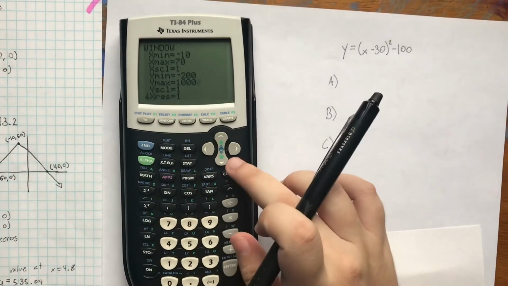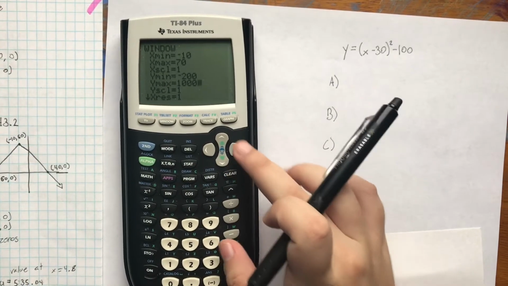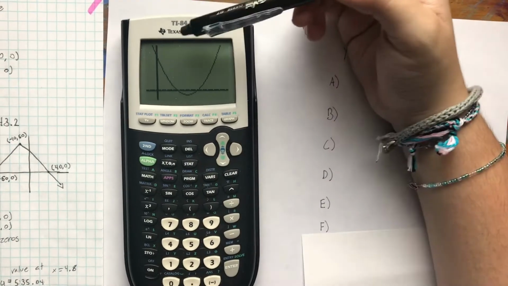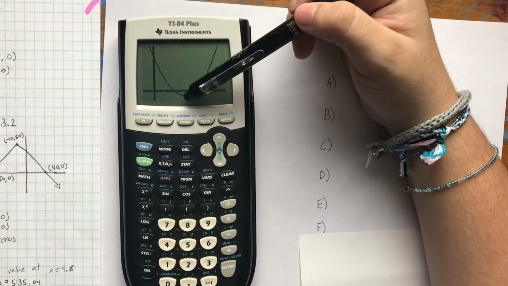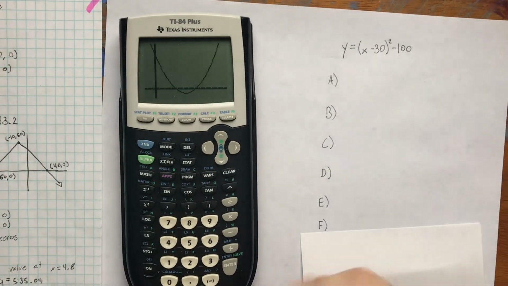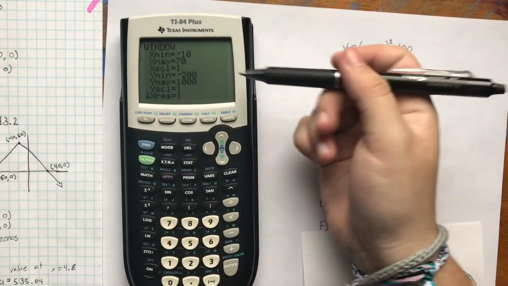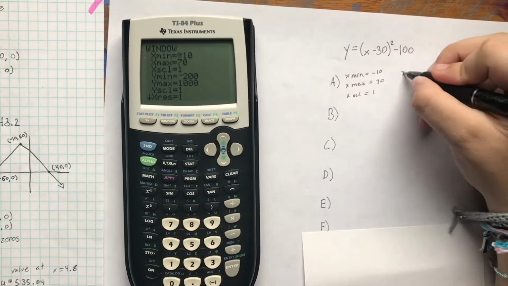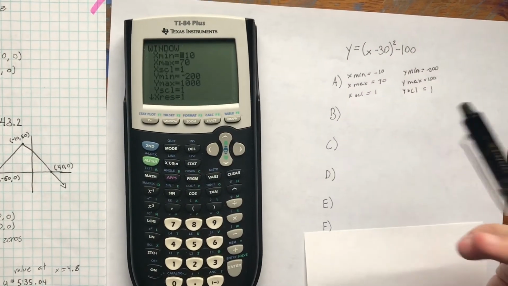So we really have a good view of how high our y's are getting. And then let's go back over to graph. And see, this is a really good view. You can see everything that you're going to need. And this will be your answer to A. So you can just write all of this stuff down. That'll be your final answer.